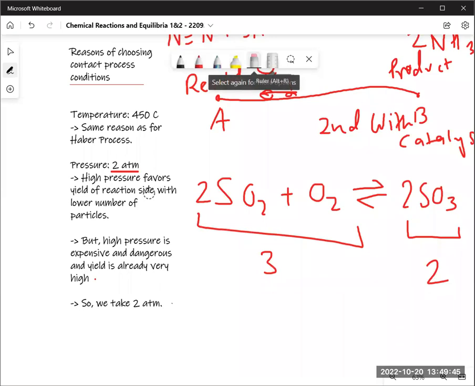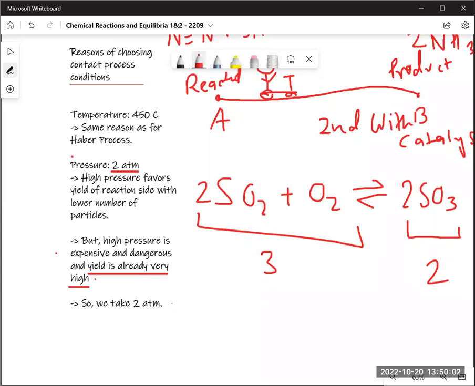Is that clear? Any questions? No. The yield is already very high, and high pressure is expensive and dangerous. So we take 2 atm. Write all of this, quick, or the whole thing actually.